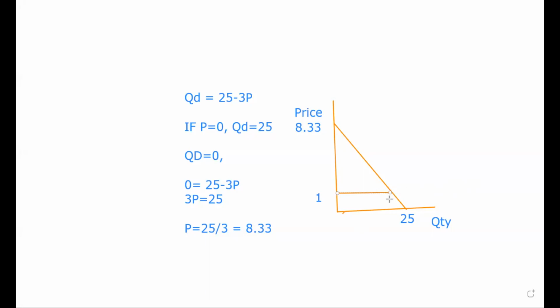That will be somewhere here. So as the price increases, quantity demanded will reduce from 25, reducing by 3 units.